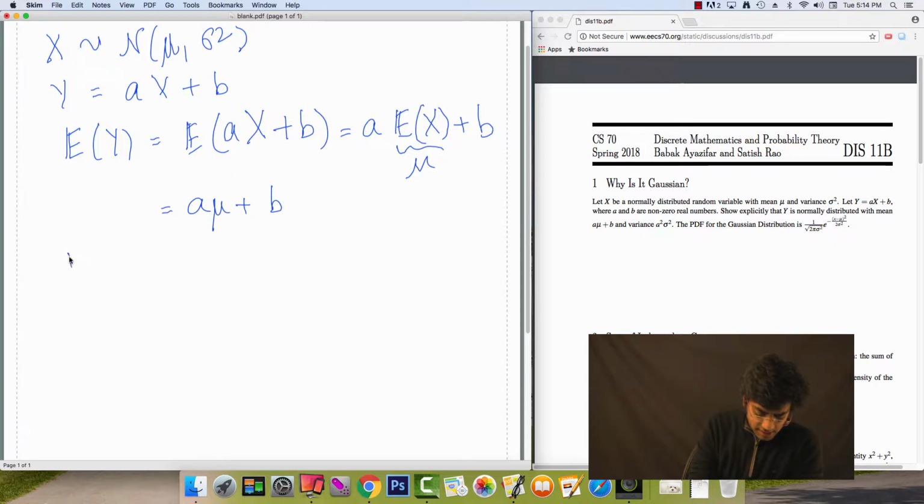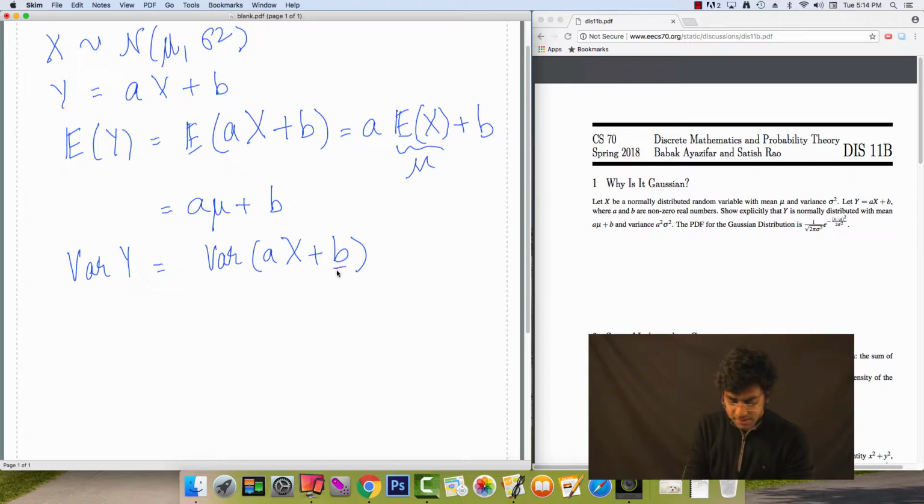Now let's talk about the variance of Y. Once again, this is the variance of a times X plus b. Now we know adding a constant to a random variable does not change the variance. So this is the same thing as the variance of a times X. And finally, scaling reflects with a square factor.